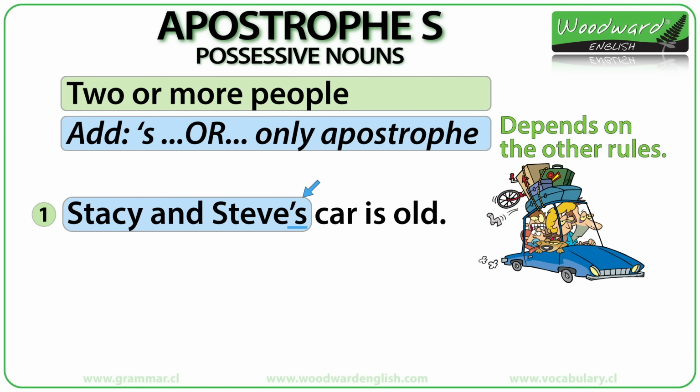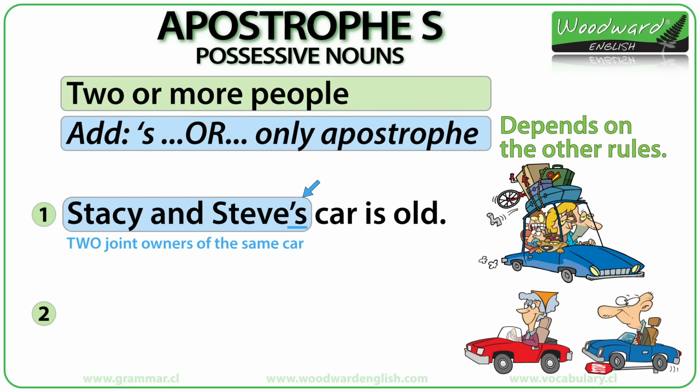For example, Stacy and Steve's car is old. Both Stacy and Steve are joint owners of the same car, so we only add apostrophe S to the final name, in this case, Steve. Stacy and Steve's car is old.